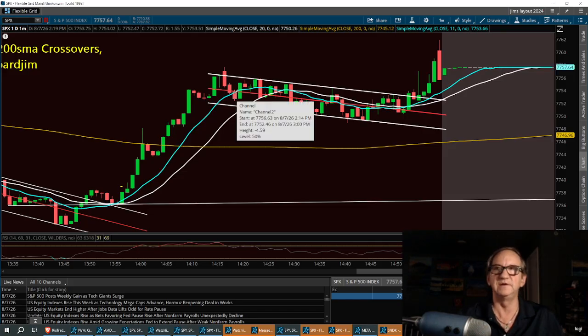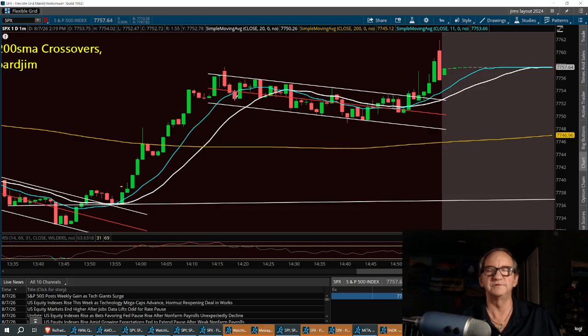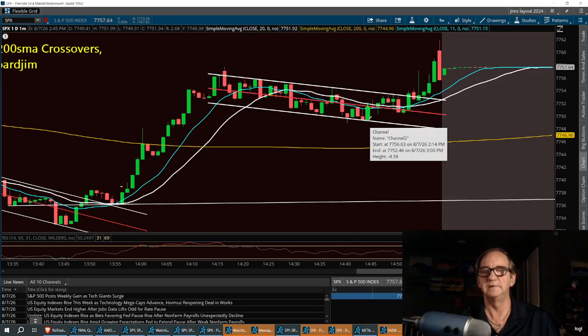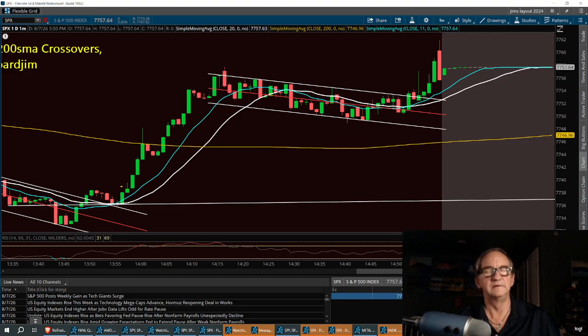We don't know what kind of flag it's going to be, but we know we had 3 black crows. And we're going to get out of that trade because we don't want to take a chance of it having a continuation down to the downside like it did right here. And then I jumped back in it right here and sold it for the end of the day run, just a few extra dollars to kind of build that account up.